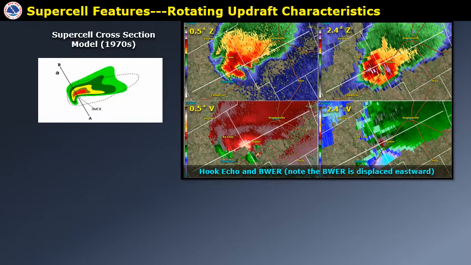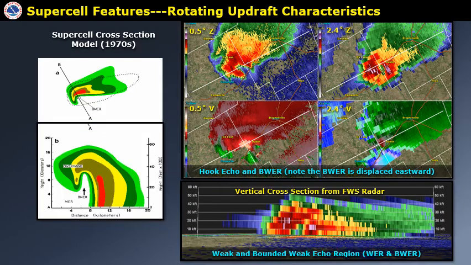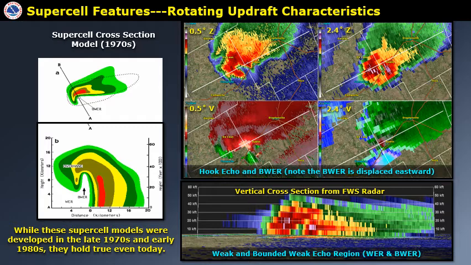We are beginning to understand a lot more about the three-dimensional structure of supercells, and these conceptual models that we have of supercells date back to the late 1970s. Even with all the advances in radar technology and more frequent in situ observations, these models still hold true today.